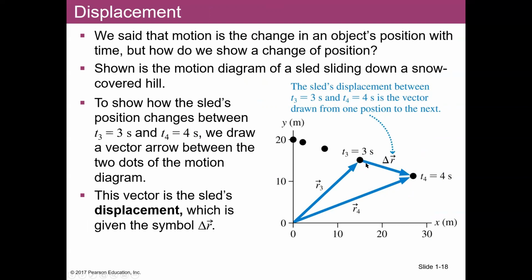You see here we denote it by delta. That triangle is the Greek letter delta, and it's never by itself. It's always included with another quantity. So this delta vector r is literally read as r final minus r initial, and it always points from initial to final.